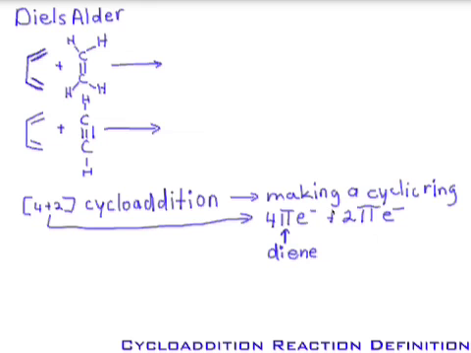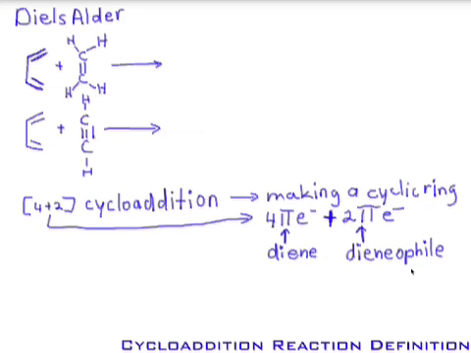Because we've used terms like electrophiles are attracted to electrons, and nucleophiles are attracted to nuclei of positive charges, we're going to use the term here dienophile. A dienophile is any group that will be attracted to the diene in this manner. And so this is some pi system.